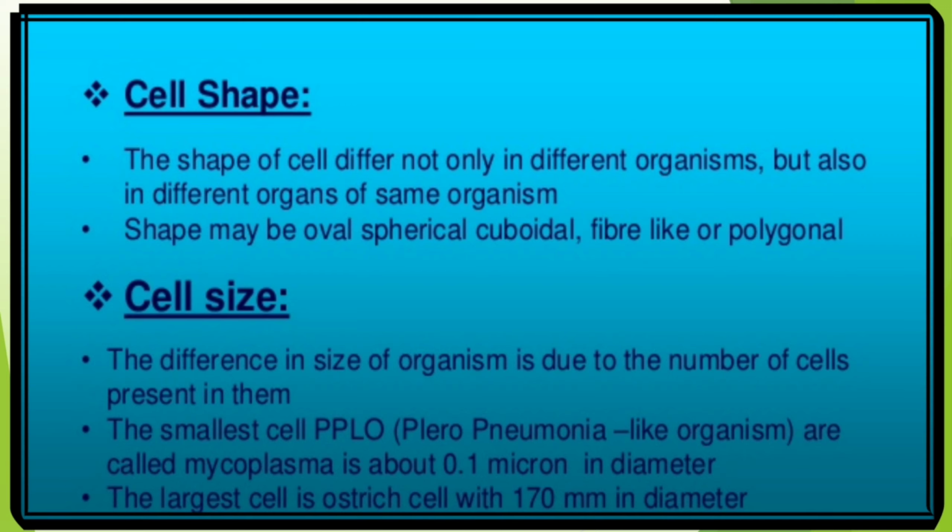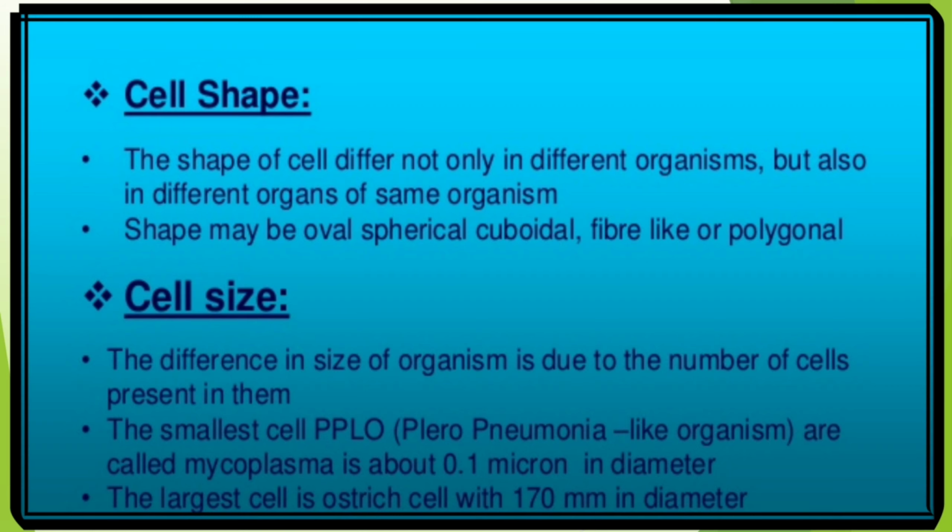Cell shape. See, no specific shape is mentioned over here. Cell shapes are of different types, like spherical. Some cells are cubical, some are fiber-like, some are polygonal. This means shapes are not defined, and cells of different sizes are also present.